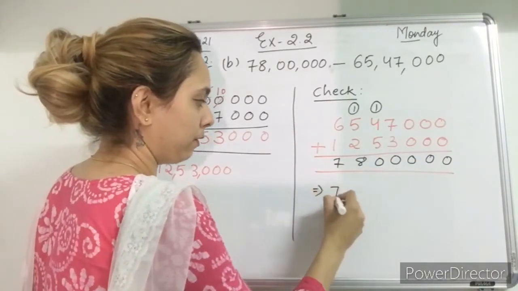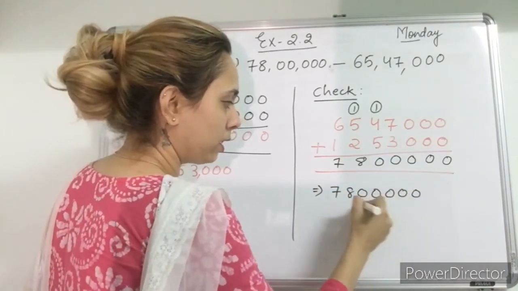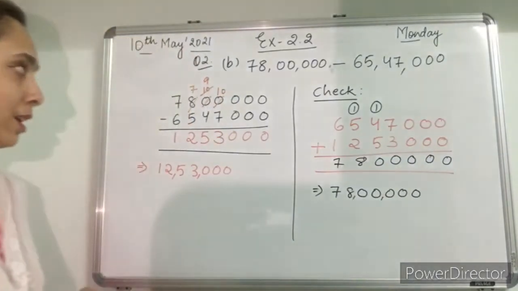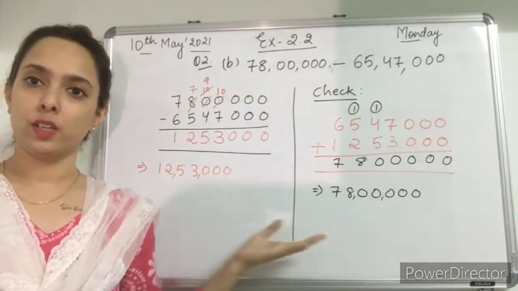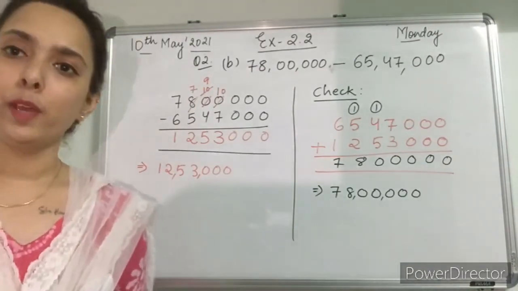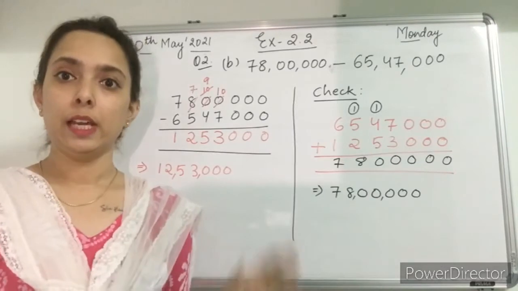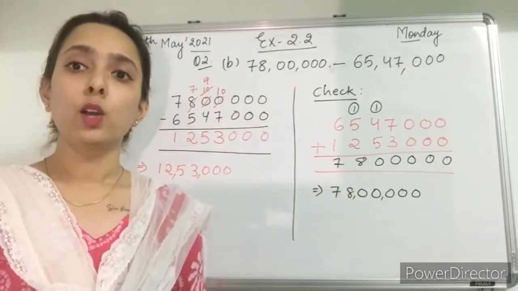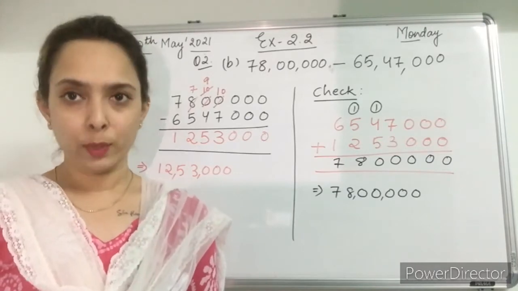So here we have got the answer which is similar to our minuend. It means my subtraction is right. So in this way you have to subtract and then you have to check. This is the way of solving the question number 2. Let's come to question number 3 now.